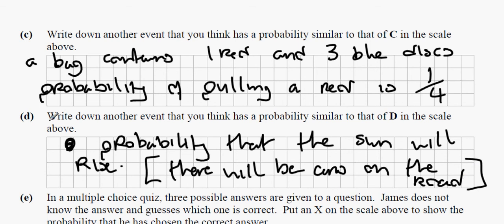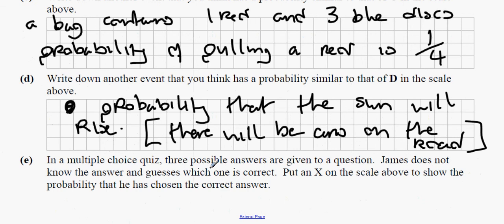Okay. In a multiple choice quiz, there are 3 possible answers given to a question. Jamie does not know the answer and guesses which one is correct. Put an X on the scale above to show the probability that he chooses the correct answer. So 3 possible answers. He has a 1 in 3 chance. 1 in 3 multiplied by 100 is around 33%.